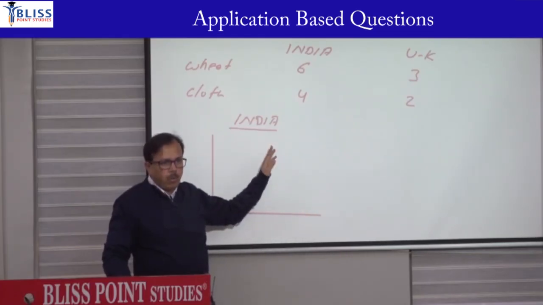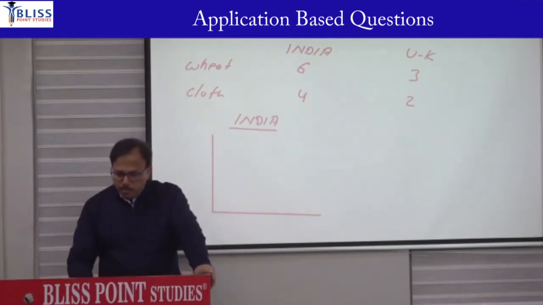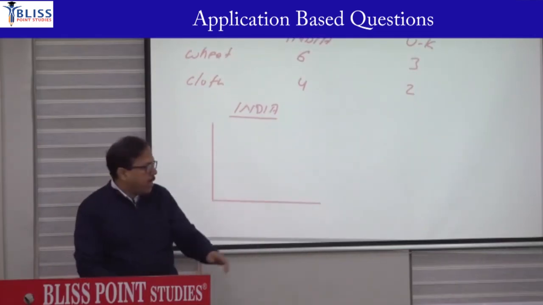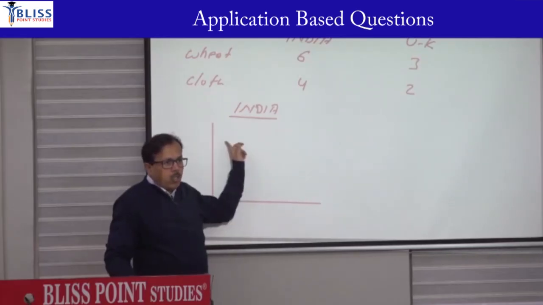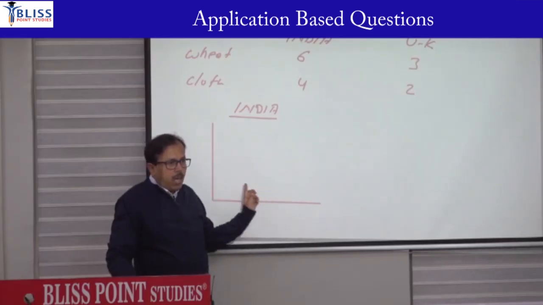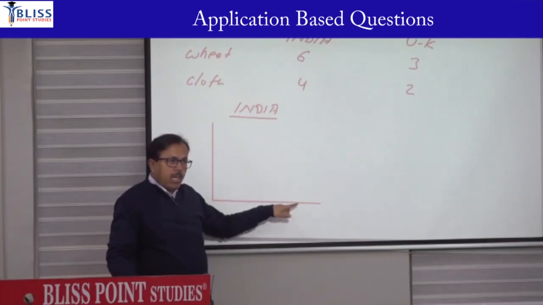You can take the other way around also, but the answer will come out to be same. बट हमेशा रखोगे, अगर मैंने यहाँ wheat लिखा है तो लाइन का स्लोप measure करेगा opportunity cost of wheat, और अगर यहाँ cloth लिखा हो तो that will measure opportunity cost of cloth.